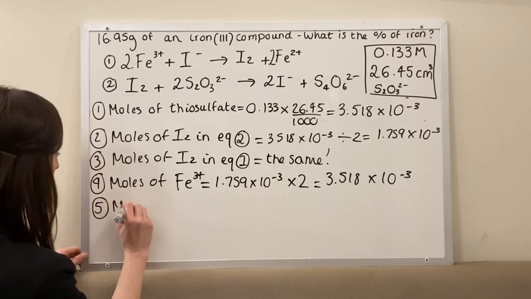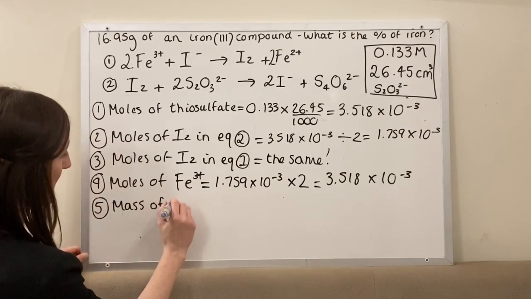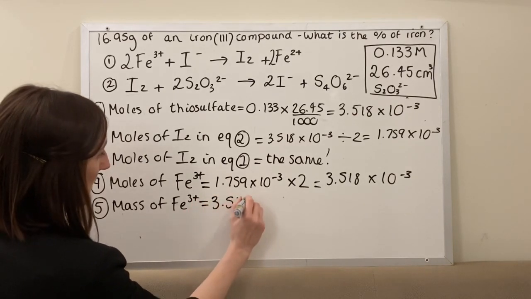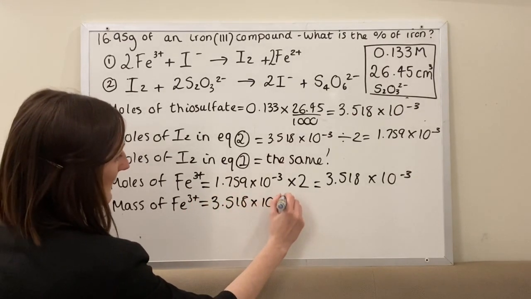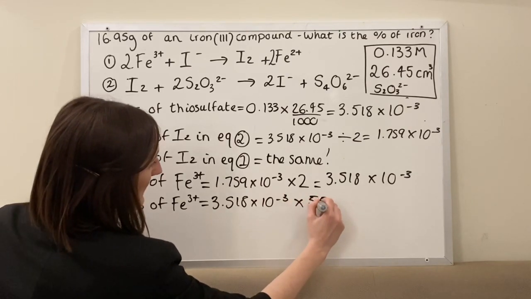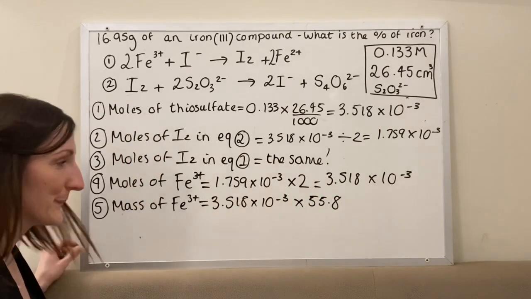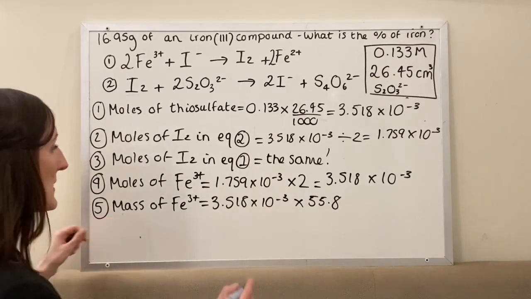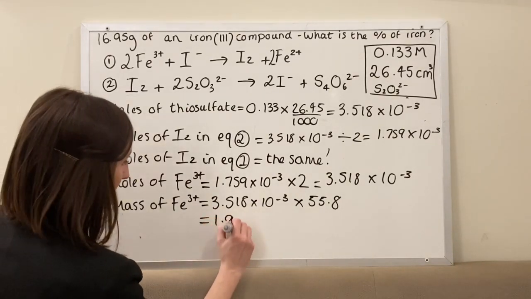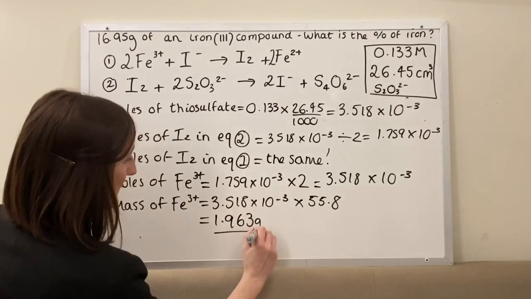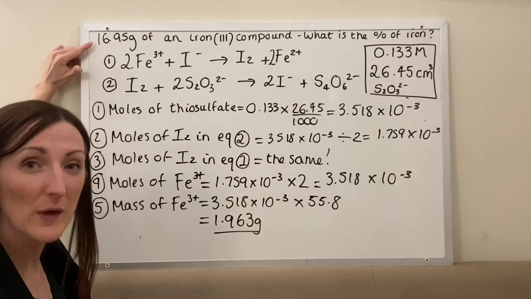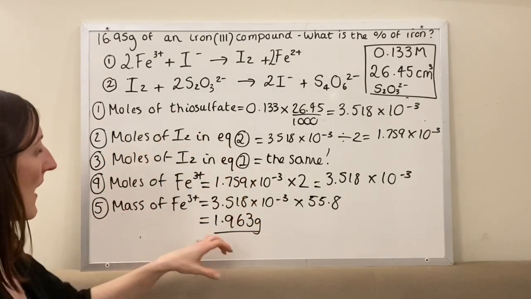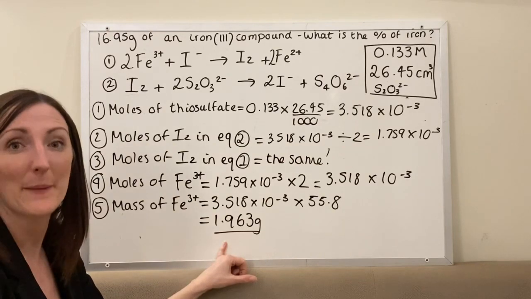So the mass of iron will be my moles times my Mr, which I'm going to use 55.8 for. This equals 1.963 grams. So out of a possible 16.95 grams of my impure sample that I started with, 1.963 grams happens to be iron.